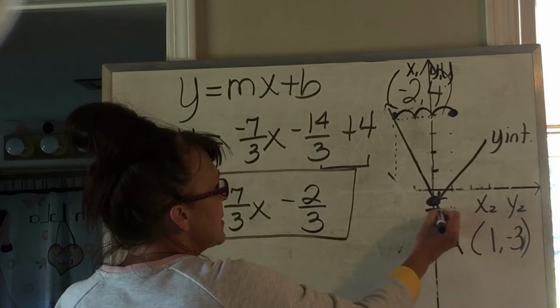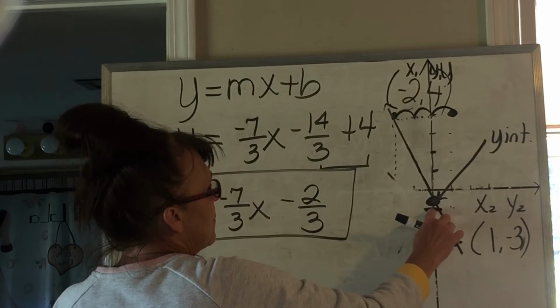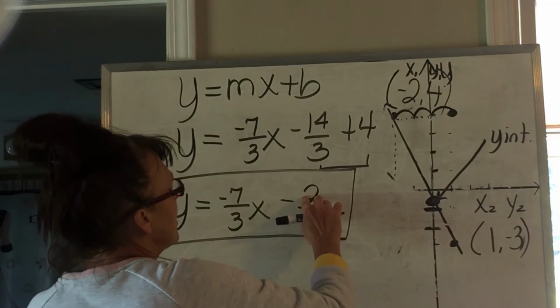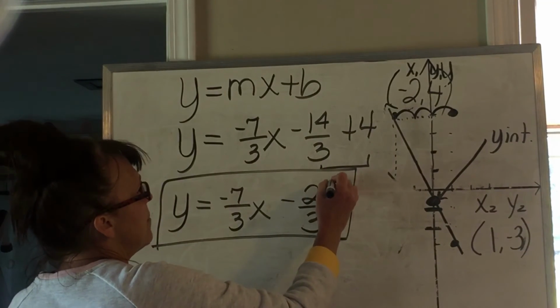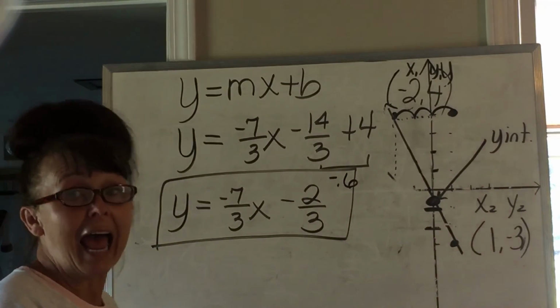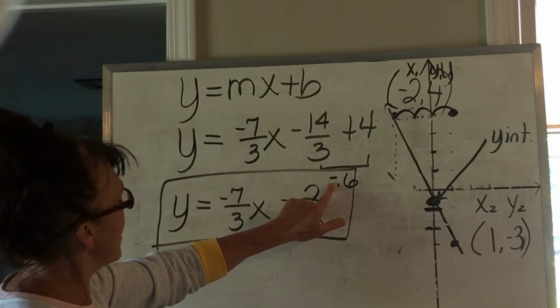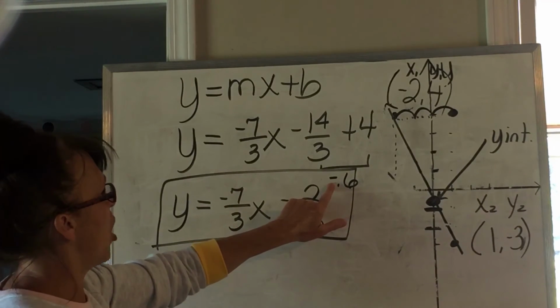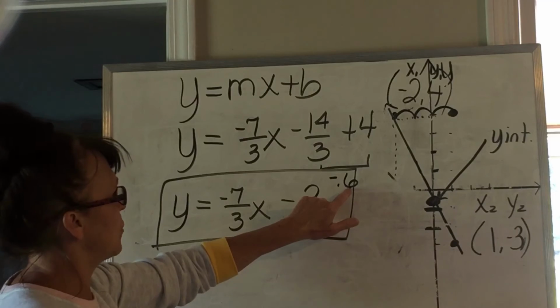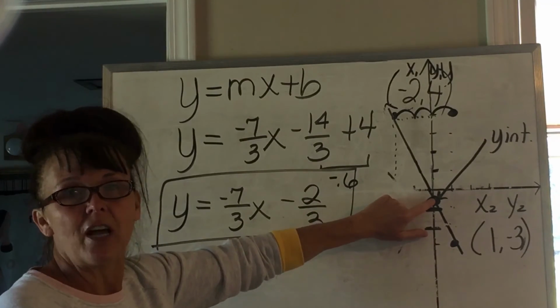Well, right here is -1. So somewhere between 0 and -1. Well, we just talked about this is a decimal of -0.6. So just a little past a half. I'm in the ballpark. Look, my y-intercept says my line should cross at -0.66 repeating, and it does. So okay, that's an easy check.